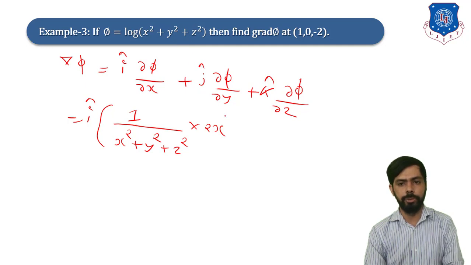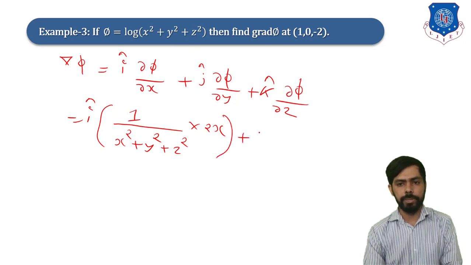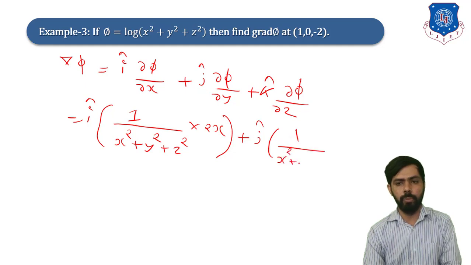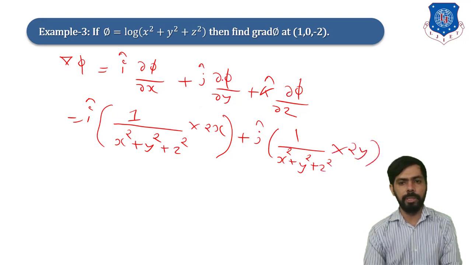Okay, plus j into the partial differentiation of this function phi with respect to y, so it will be 1 over x square plus y square plus z square into 2y, because now we are partially differentiating phi with respect to y, so x and z will be constant, so the derivative of these two terms will be 0 and the derivative of y square will be 2y.